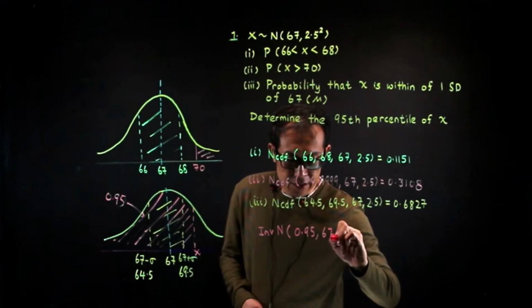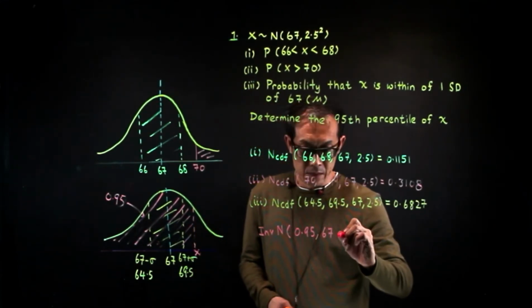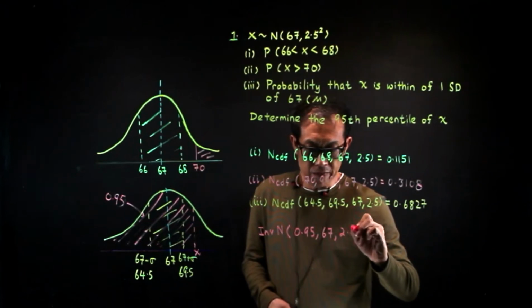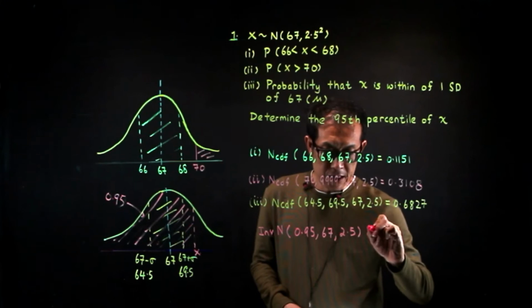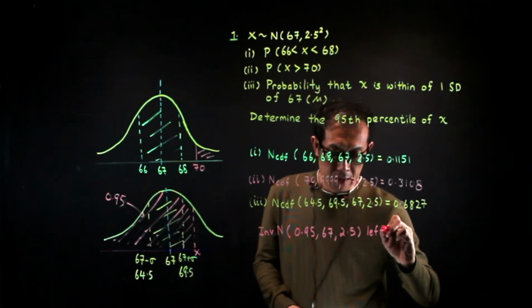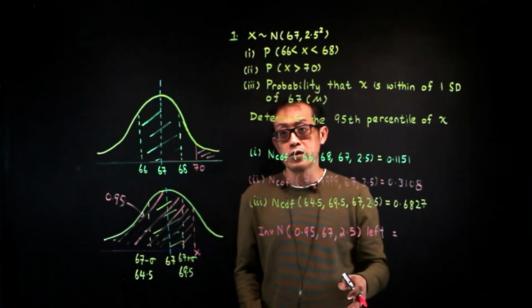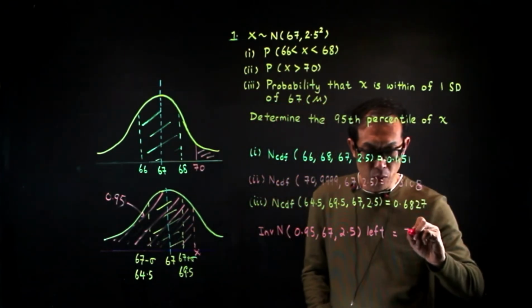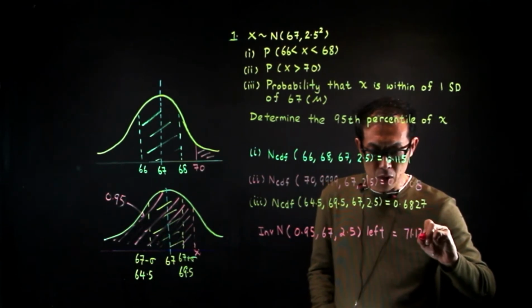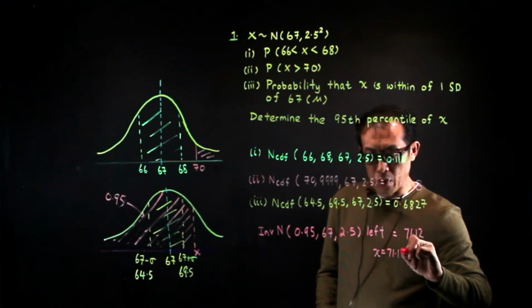Mean is 67. Standard deviation 2.5. And this is on the left. Input this into the calculator and you will get an answer of 71.12. So X will be equal to 71.12.